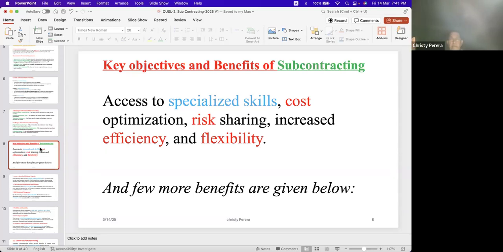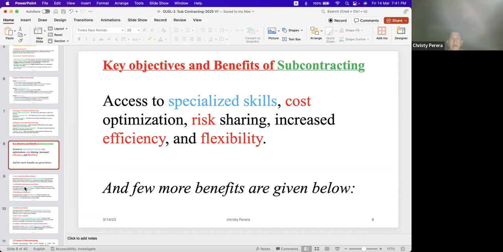He will have to pay. As I told you, my full payment is 1,000 million to the contractor. The contractor will have to share with the subcontractor according to the portion of work he is doing. And increased efficiency and flexibility. There is flexibility also because the contractor can discuss with him.